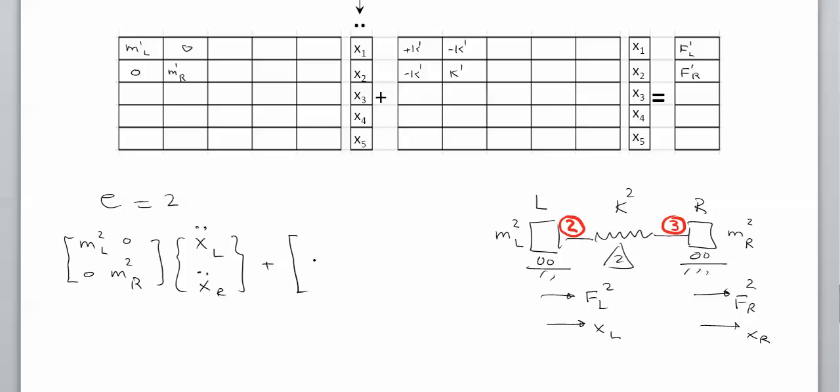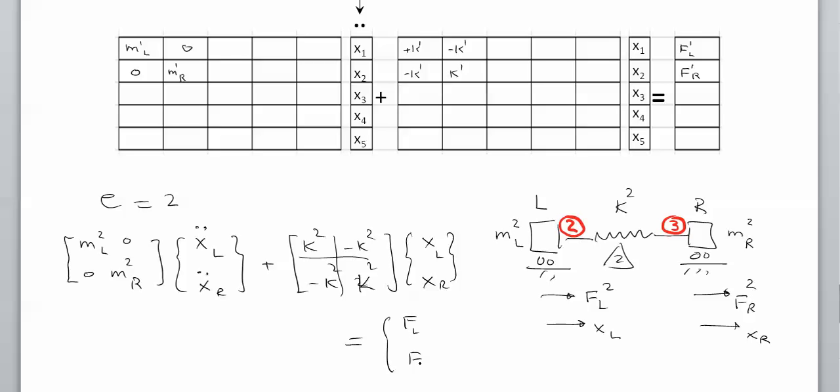plus K2, minus K2, minus K2, K2, 2 by 2 matrix times displacement XL, XR, equal to FL, always FL, always FR, but coming from different elements. All right?